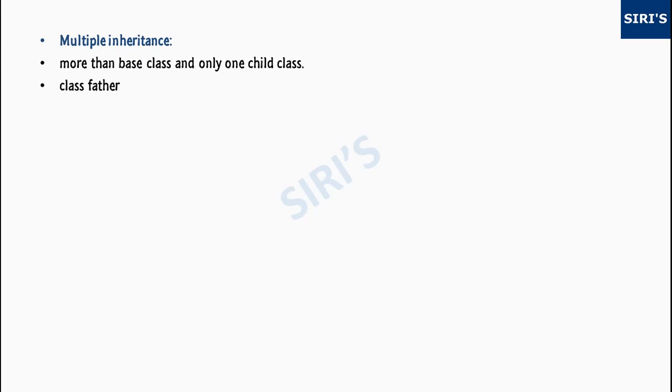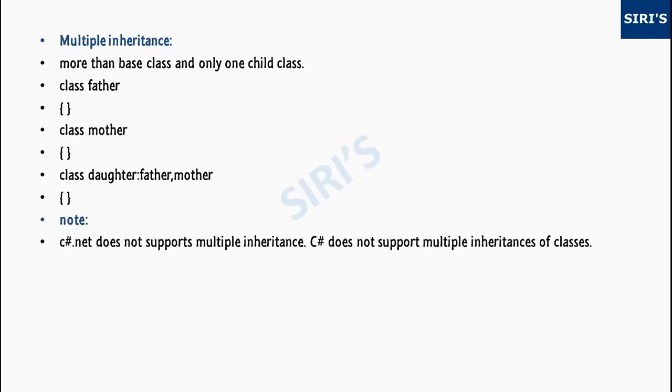Multiple inheritance: more than one base class and one child class. Here we declare two base classes and we declare the child class for the two base classes. Note: C# does not support multiple inheritance of classes.